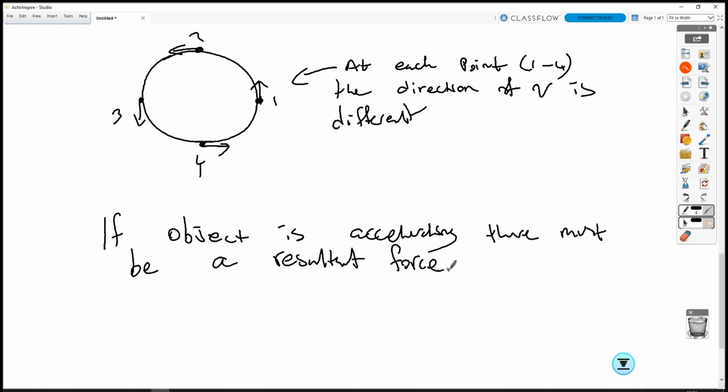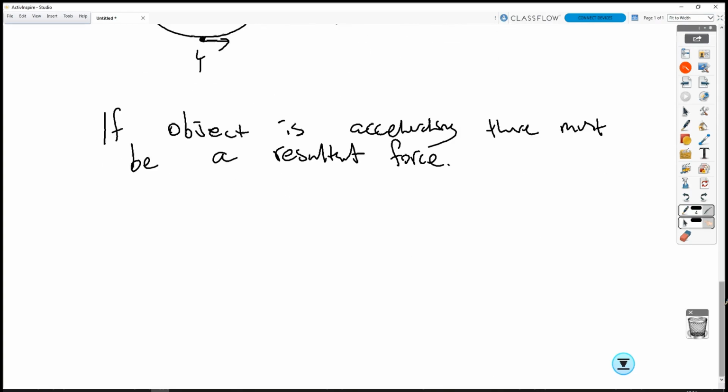And we call this resultant force that causes things to move in a circle the centripetal force.